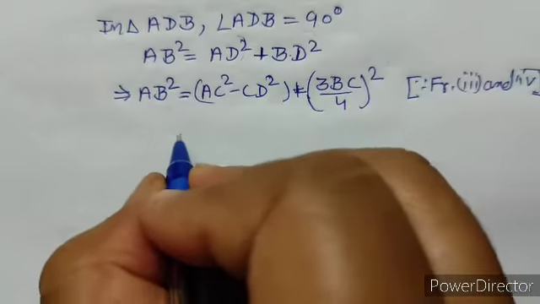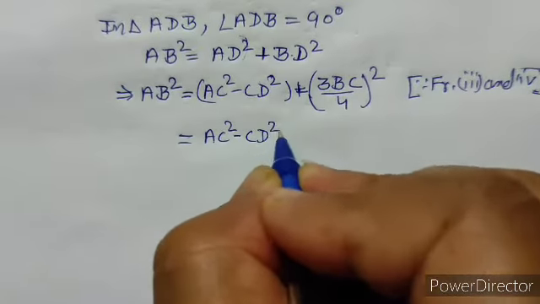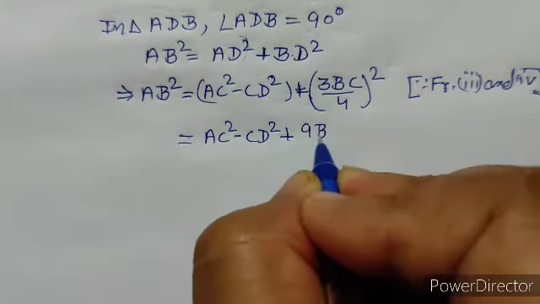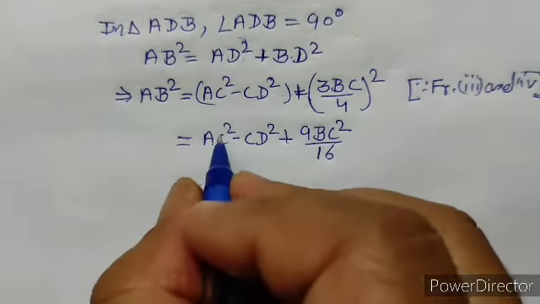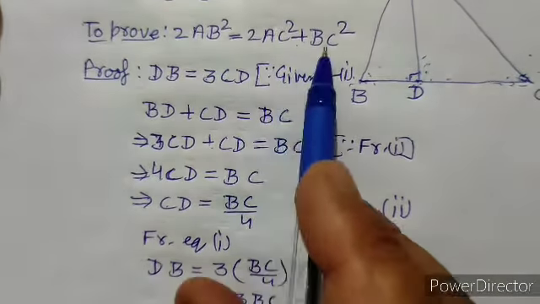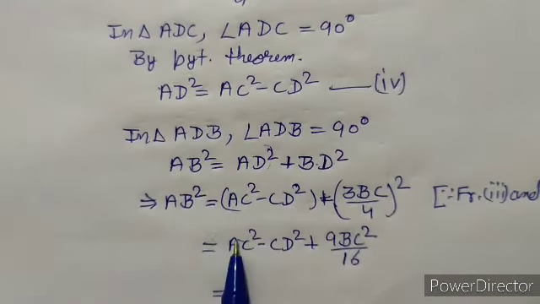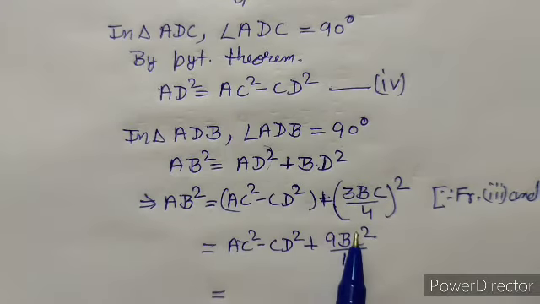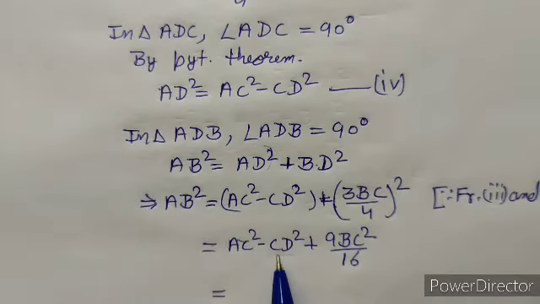Now this will give us AC square minus CD square plus 9 BC square by 16. In our proof we need AC square and BC square on the right hand side, so AC square and BC square will remain the same. Now we will convert the CD square.